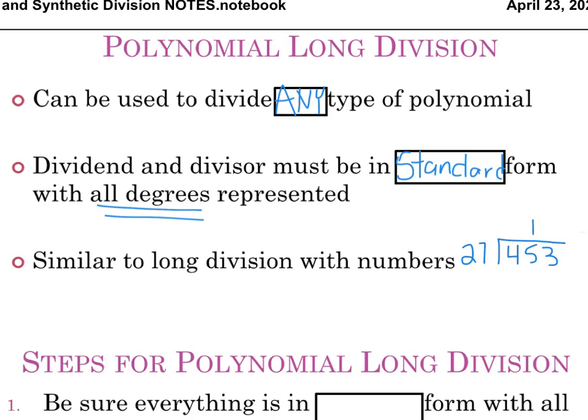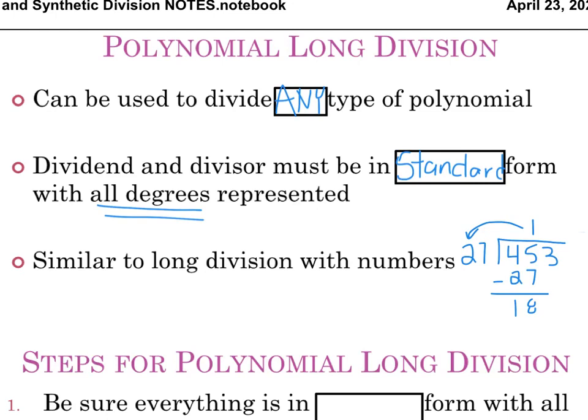If you multiply 27 times 2, it's going to be 54, which is bigger than 45. So I have to stop at 1. So then I multiply. 1 times 27 is 27, and I put that right here, and I subtract. So 27 from 45 is going to be 18.